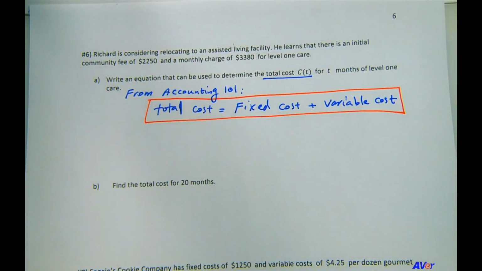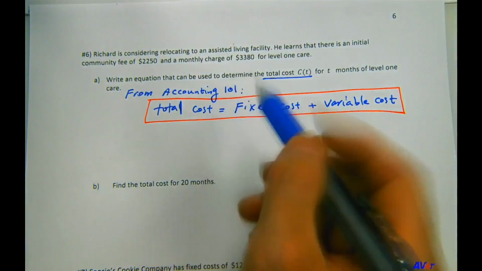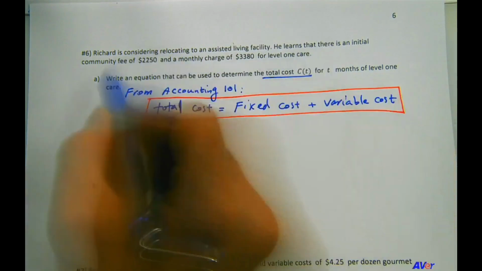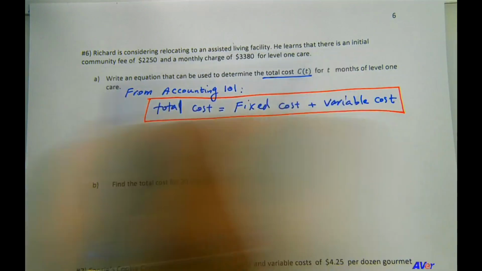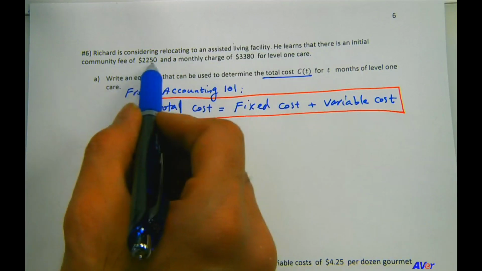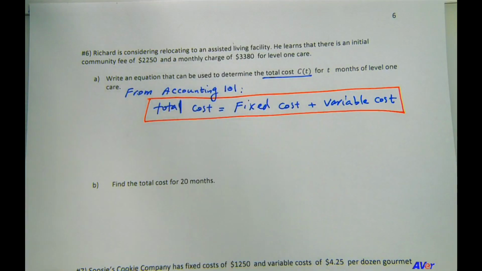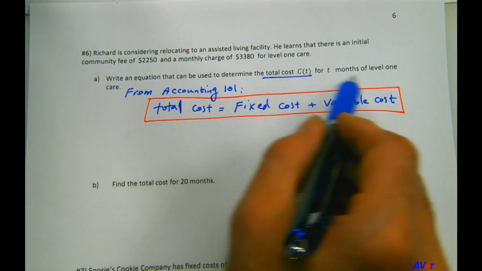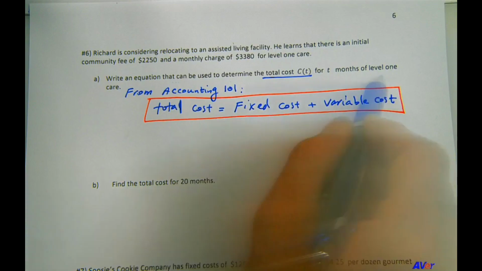So bring that and apply it to the information we have been given. It says initial community fee of this much and a monthly charge of that. So write an equation that can be used to determine the total cost for T months of level 1 care.